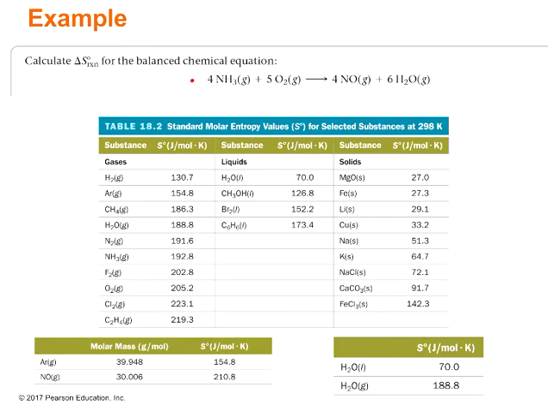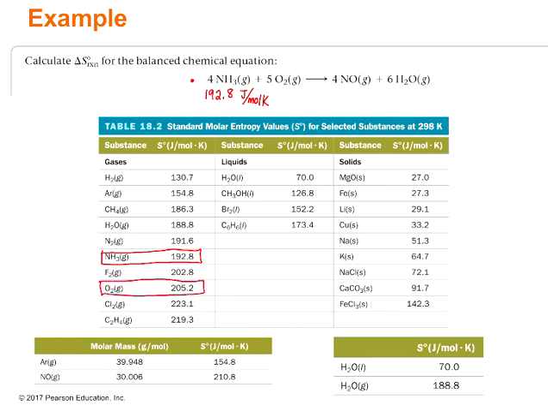So ammonia is a gas, so if we go to our gases column, it's in the middle there. So its value is 192.8 joules per mole Kelvin. And then oxygen gas is right below that.